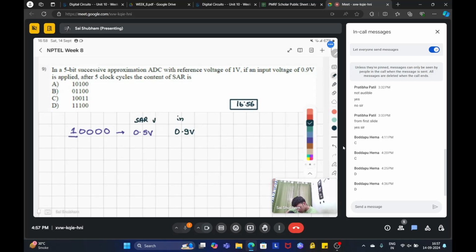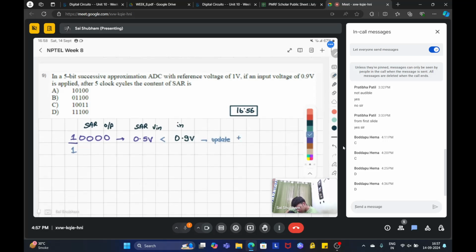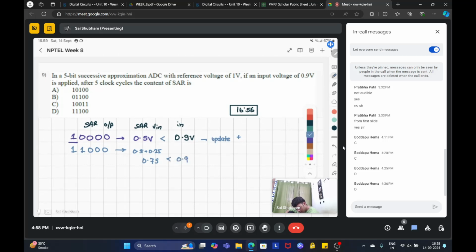Fine. So this is less than 0.9 volt, so it will update. So 11000. This corresponds to 0.5 plus 1 by 2, which is 0.5 plus 0.25, 0.75, which is less than 0.9.